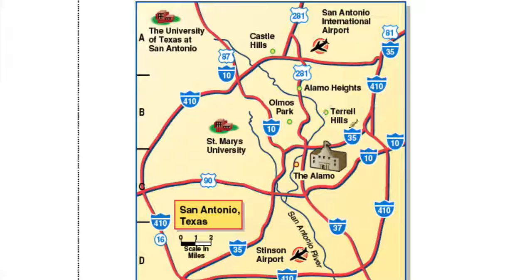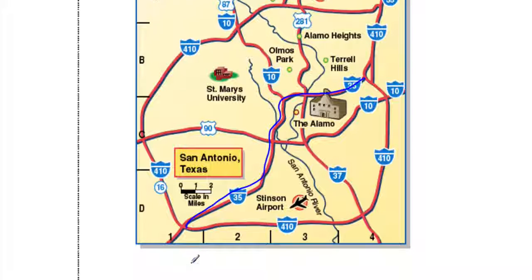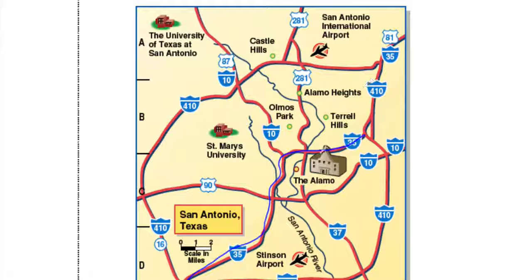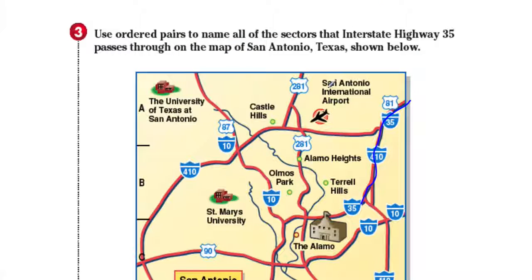Now, if you follow that particular interstate, which goes all the way back there, right there, so that's Interstate 35.